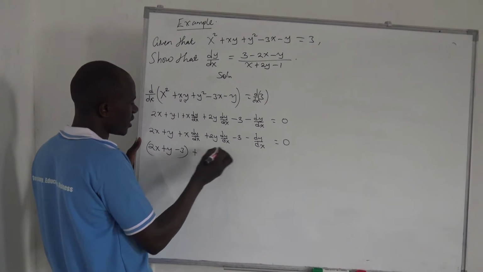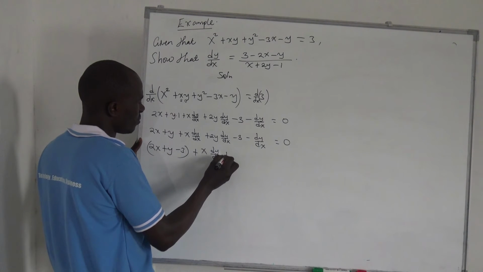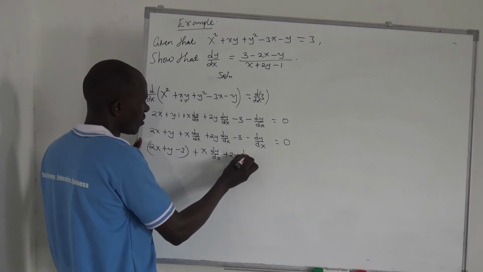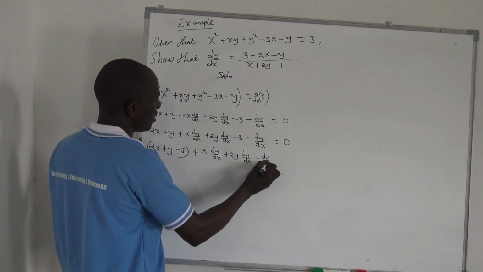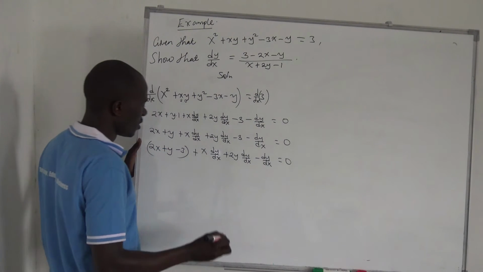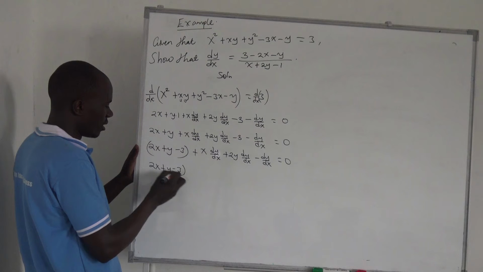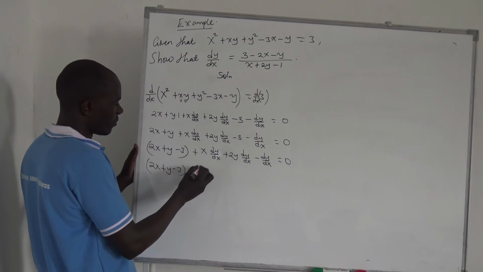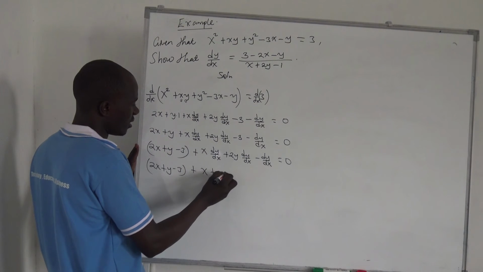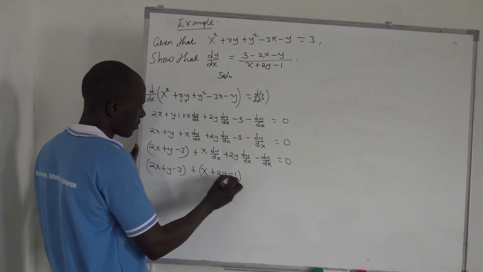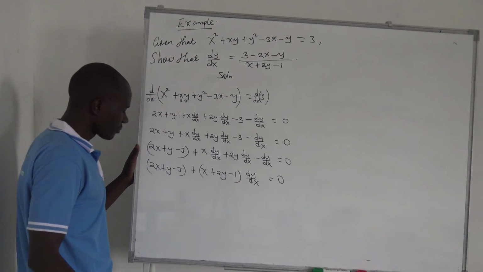Plus those with dy/dx: x dy/dx plus 2y dy/dx minus dy/dx equals 0. We factor out dy/dx, and we get 2x plus y minus 3 plus (x plus 2y minus 1) dy/dx equals 0.